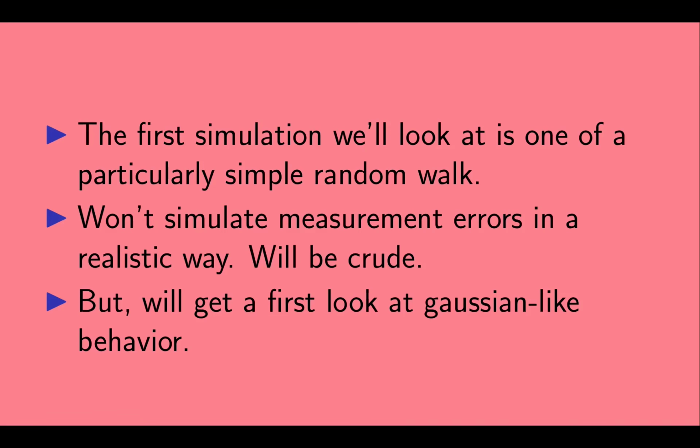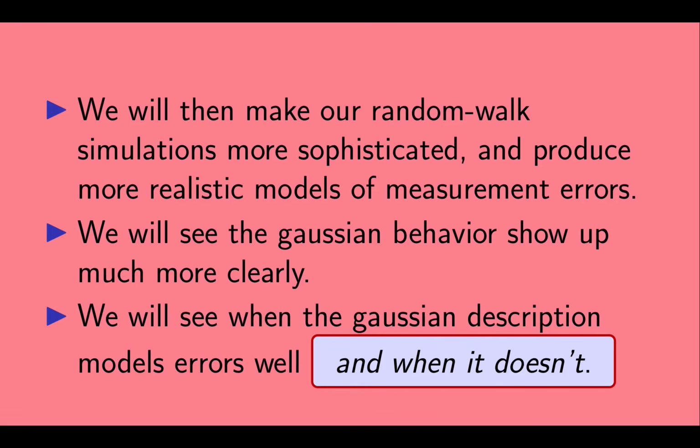The first simulation we'll look at is one of a particularly simple random walk. This won't simulate measurement errors in a realistic way. It will be too crude. But we will get a first look at Gaussian-like behavior. After that, we'll make our simulations more sophisticated and produce more realistic models of measurement errors.